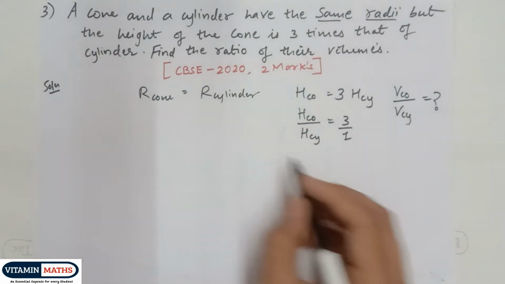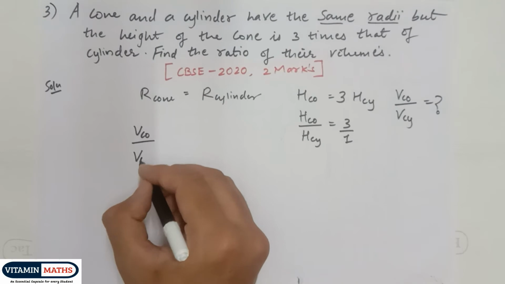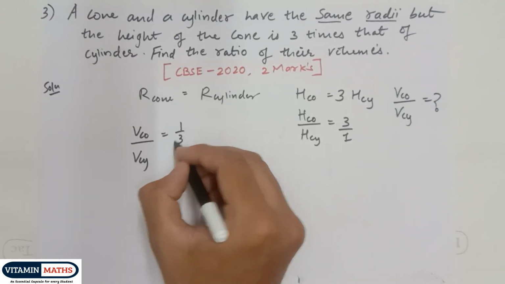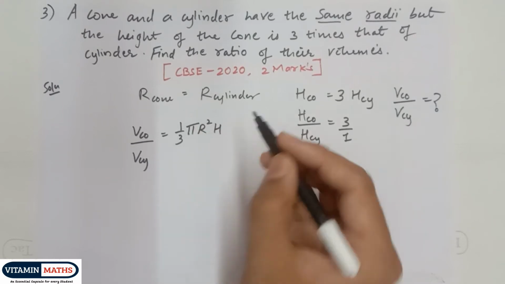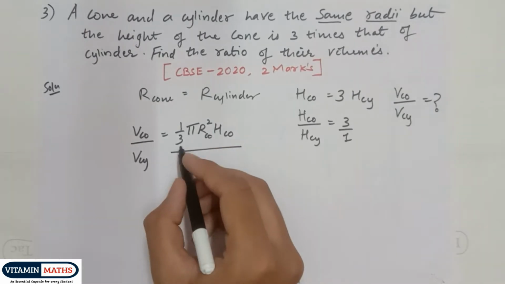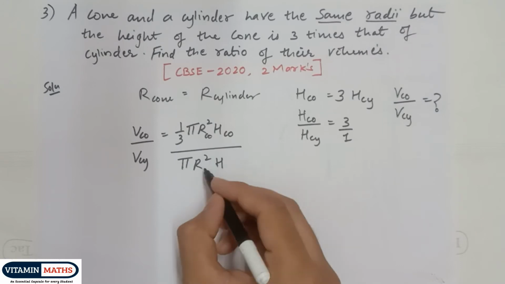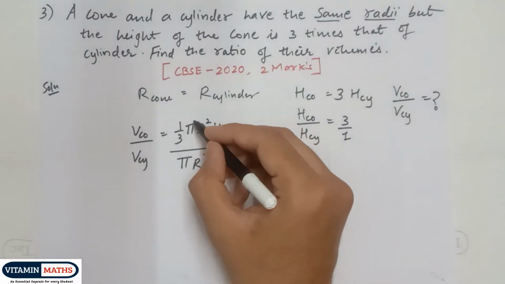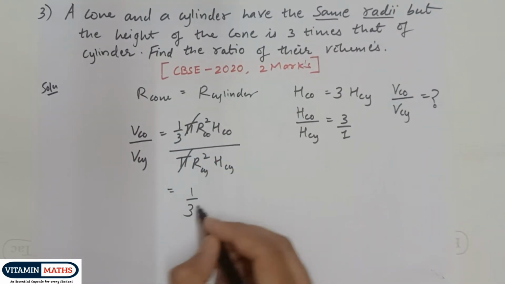Volume of cone is 1/3 pi r square h, divided by volume of cylinder, which is pi r square h, with radius and height of the cylinder. So pi gets cancelled, so remaining is 1/3.